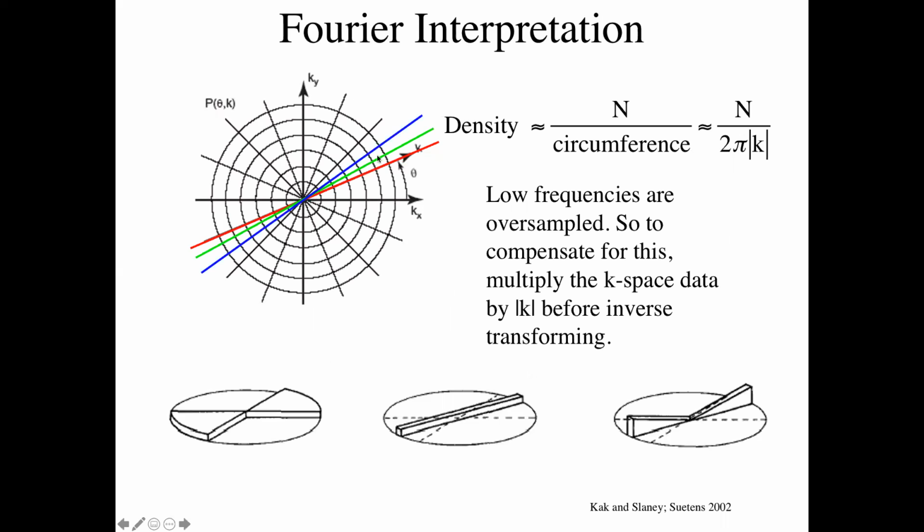So what it looks like is, in the Fourier domain, we have these radial samples. They have much higher density at the origin, and so you're multiplying them by this ramp function before you take this inverse Fourier transform.